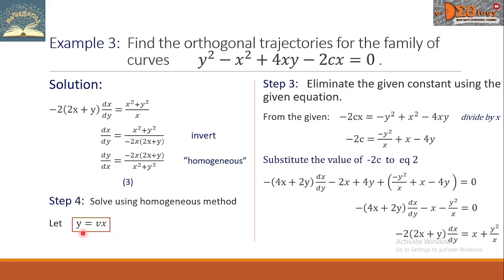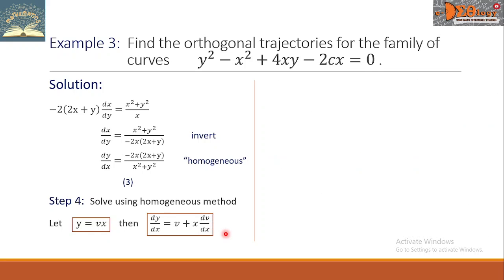If we take the derivative of this with respect to x, we will have dy over dx equals v plus x multiplied by dv over dx. Next, we substitute the values of y and dy over dx to equation number 3. This is our equation number 3. So the left side becomes v plus x times dv over dx equals, we now change all the y by vx.